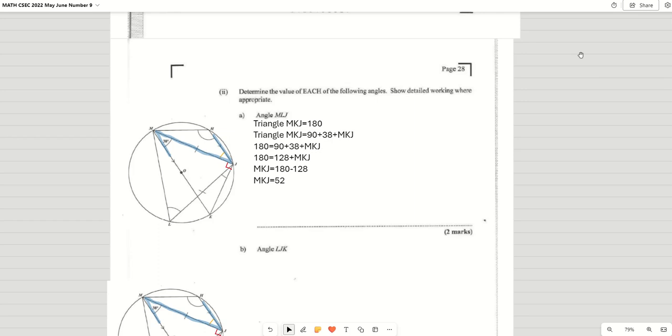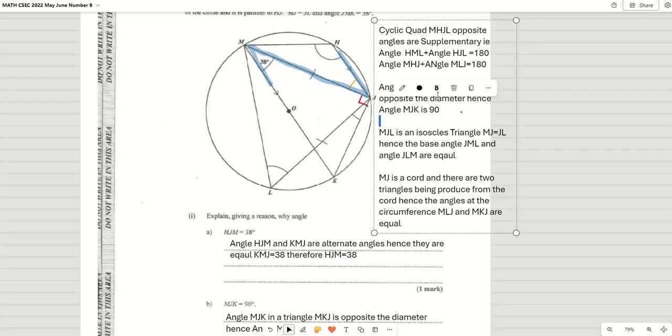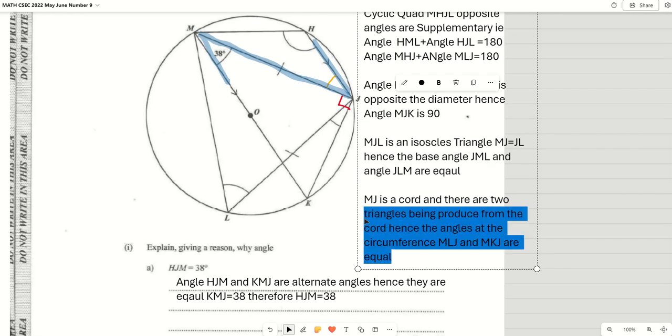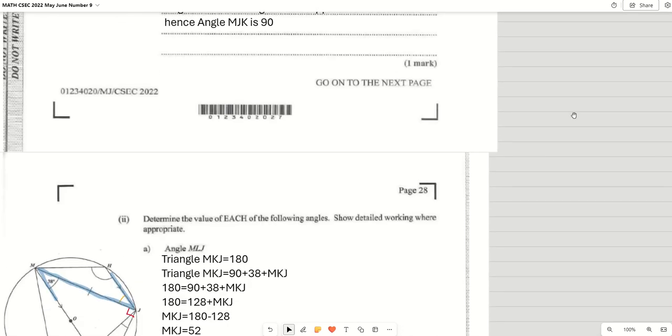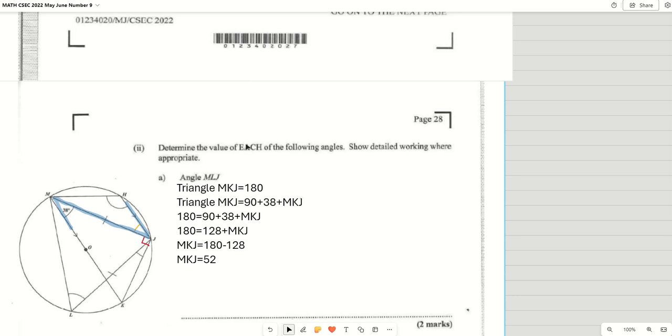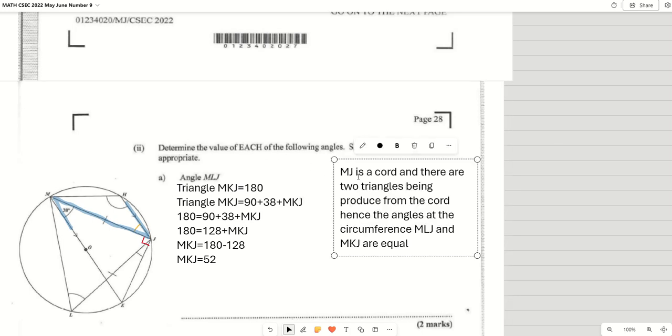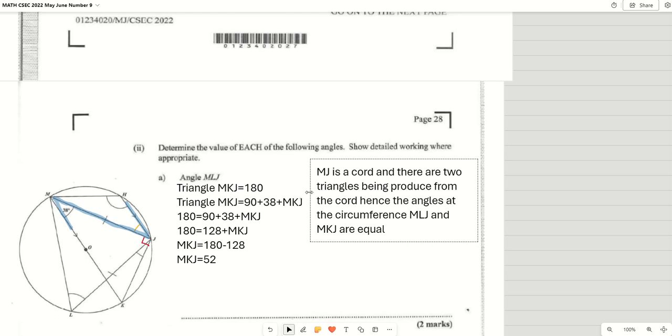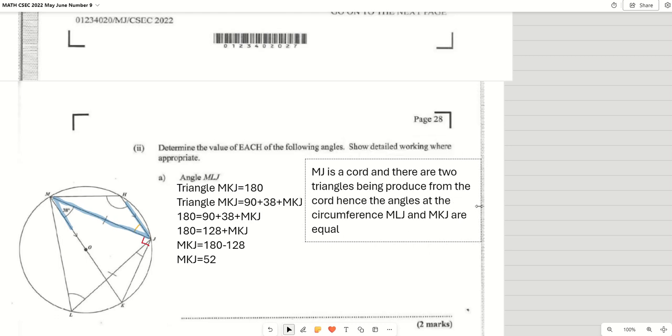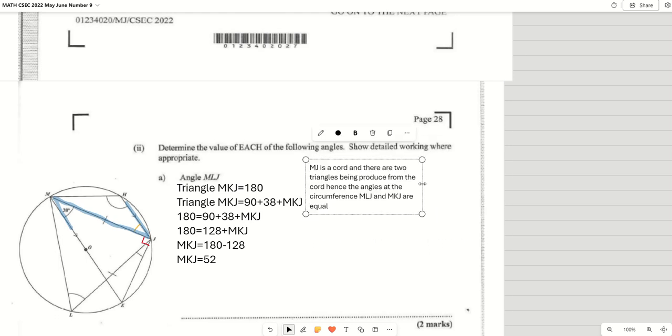Alright, now this reasoning that I put here, just copy it. They did say determine, show detailed working where appropriate, so you do need to state this very quickly.